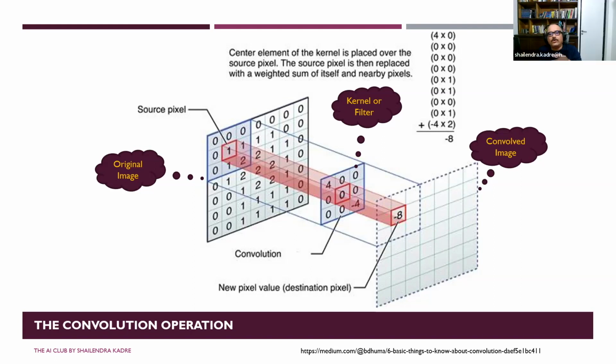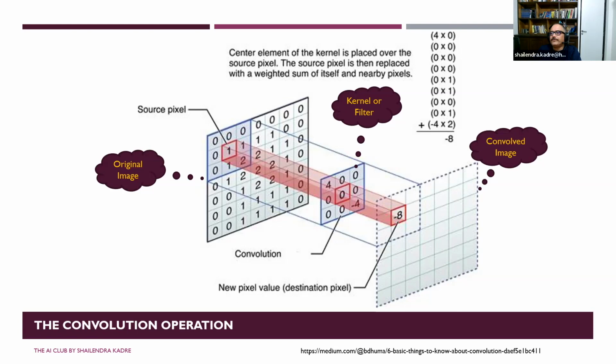So 2 into -4 is -8, right? The rest all are 0. One of the elements is 0, so the rest all become 0. The operation is given here on the top: 4 into 0, 0 into 0, corresponding element multiplication. So -4 into 2 becomes -8. So the first convolution is reduced to -8.